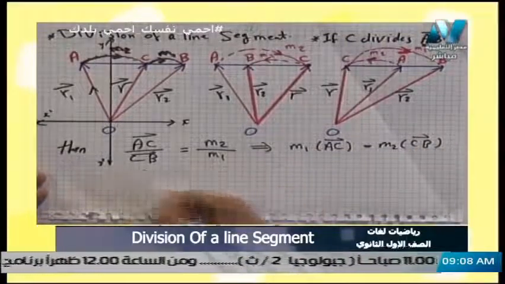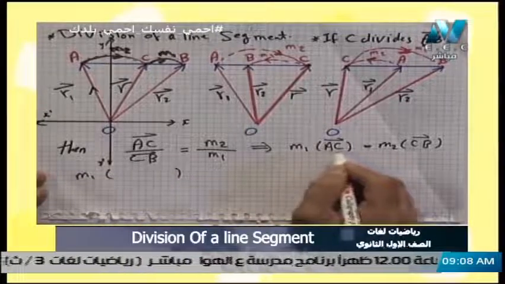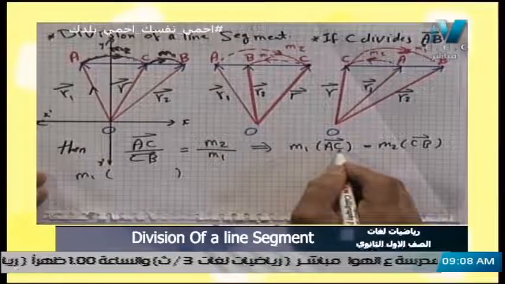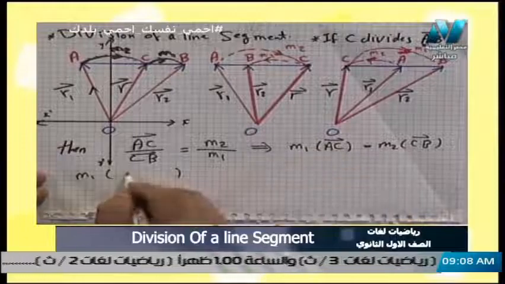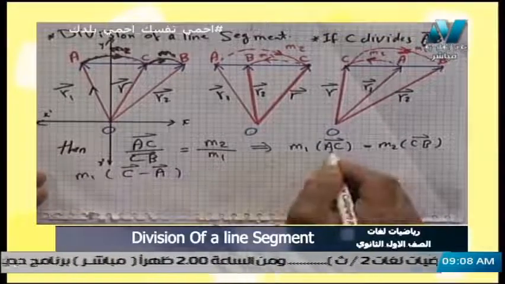And we know that if we would like to find the line segment AC, then we put C minus A as the rule of vectors.